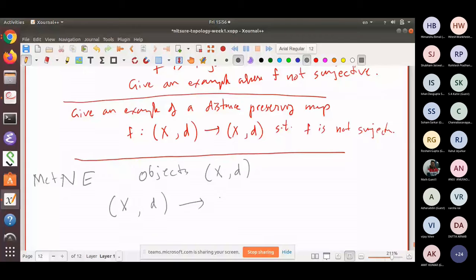Here, distance is allowed to be the same. So metric spaces with non-expanding maps, you understood this category? Is it clear what this category is? Is this category different from the earlier category of distance preserving maps?